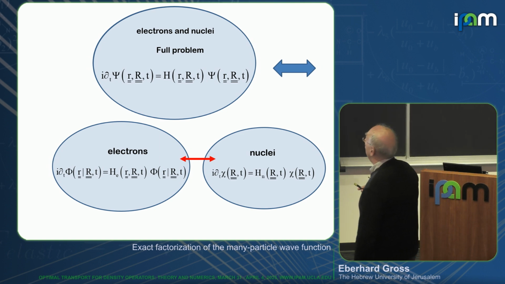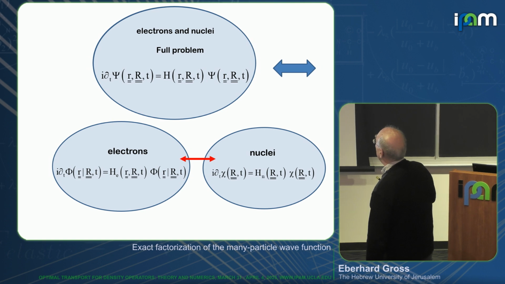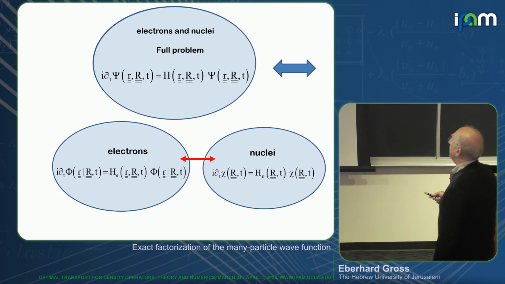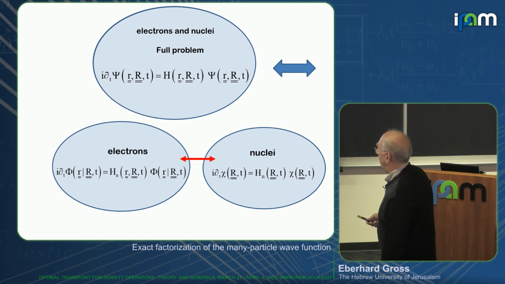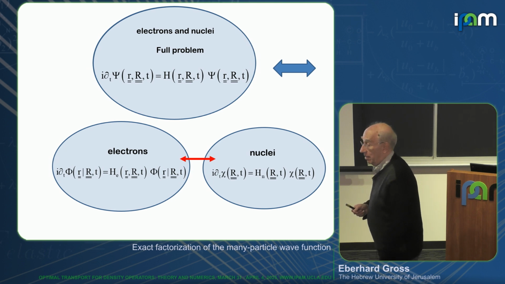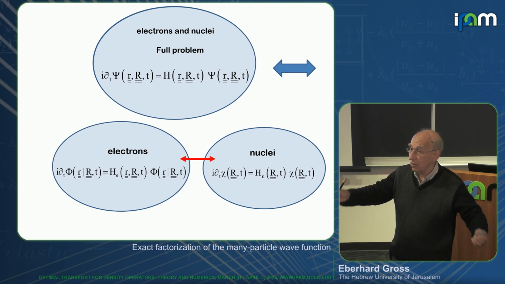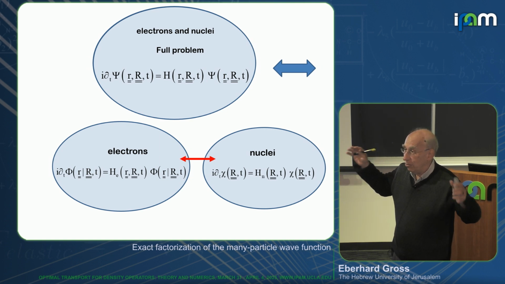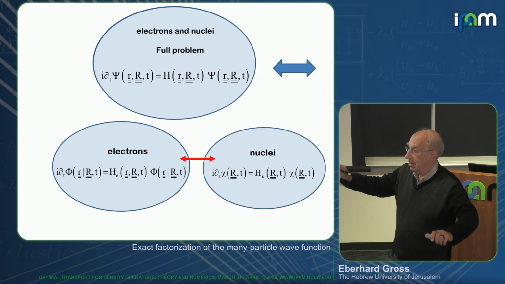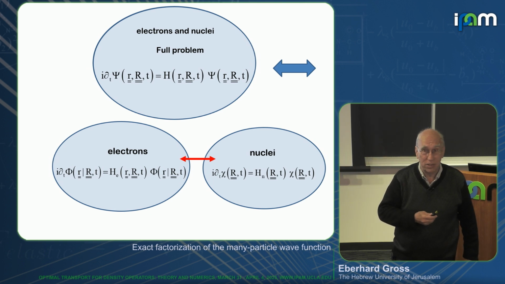Okay, but in a nutshell, it means this. You have the full electron-nuclear problem, and you decompose it into an equation for the electrons and an equation for the nuclei, so for these two factors. So you achieve what you achieve with the adiabatic approximation as well. You have a decoupling into two separate equations, and that's the main advantage of it.